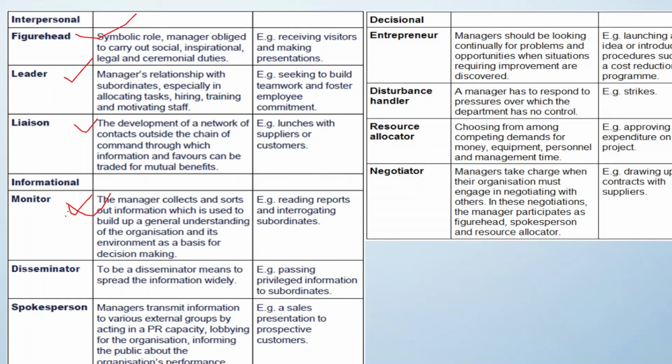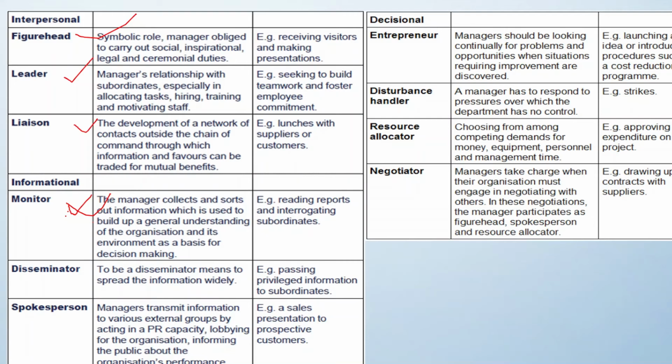Then spokesperson. Managers transmit information to various external groups by acting in a PR capacity, lobbying for the organization, informing the public about the organization's performance plans and policies. Example, a sales representative to prospective customers.